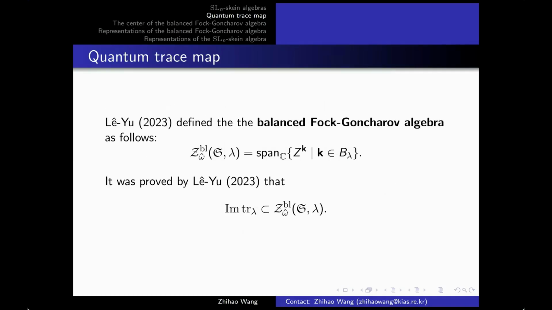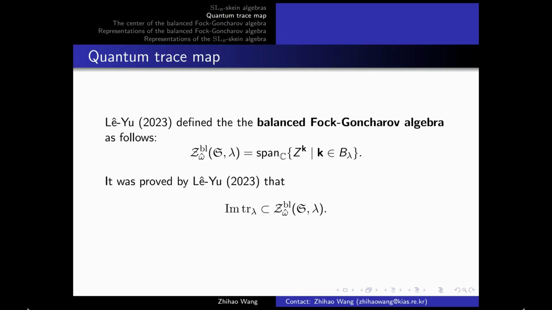Li and Yu defined the balanced Fock-Goncharov algebra by this. This subalgebra is spanned by all the Z to the power of k, such that k lives in this balanced subgroup.